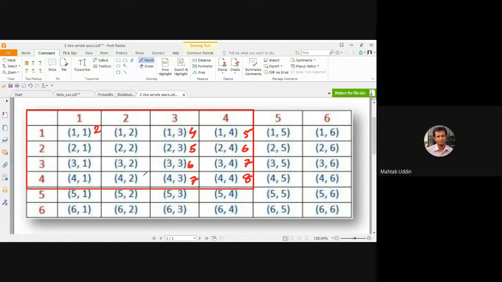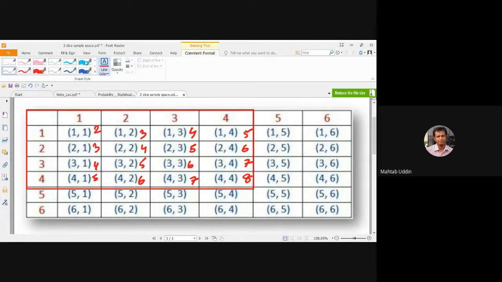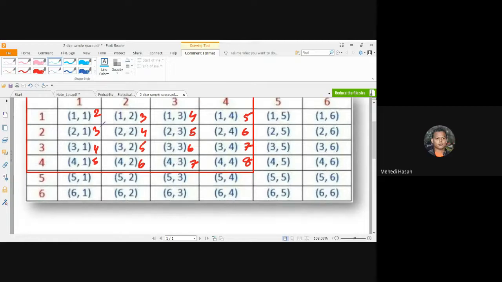Can you see the sums? 6, 5, 4, 3, 5, 4, 3. Now you can see. Minimum is 2. Maximum is what? 8. So 2 occurs 1 time, 3 occurs 2 times, 4 occurs 3 times, 5 occurs how many times? 4 times.